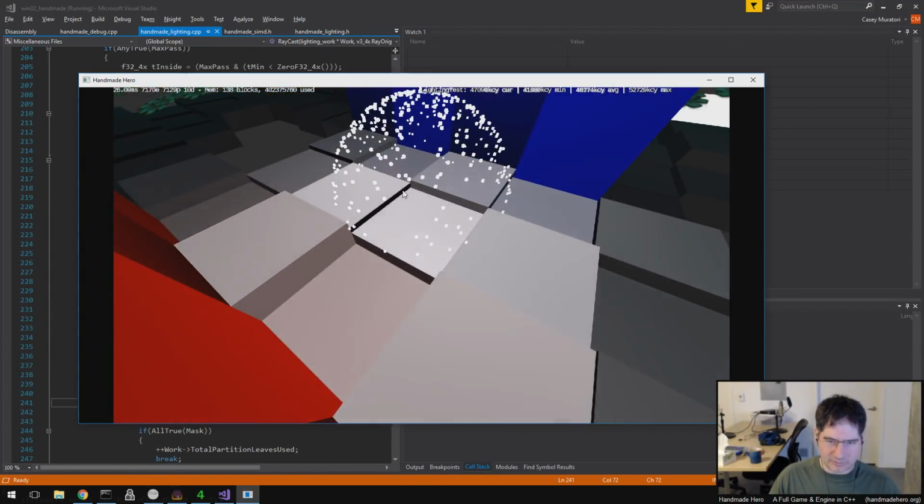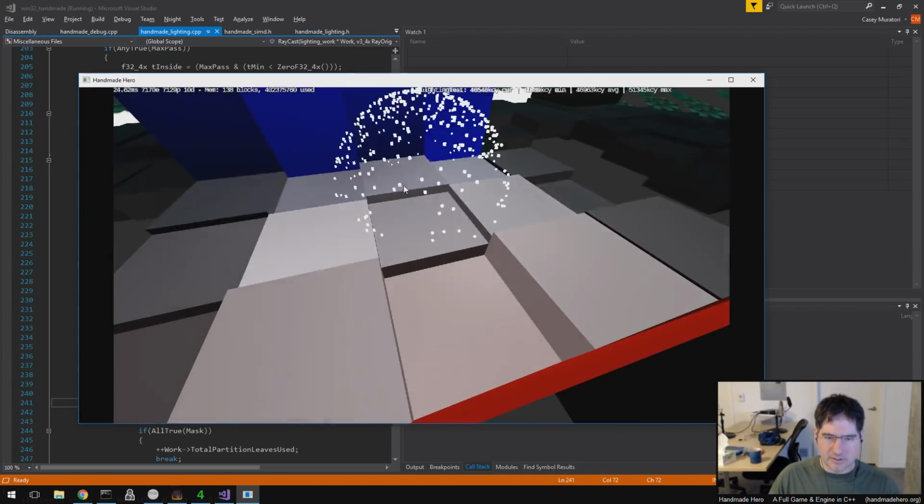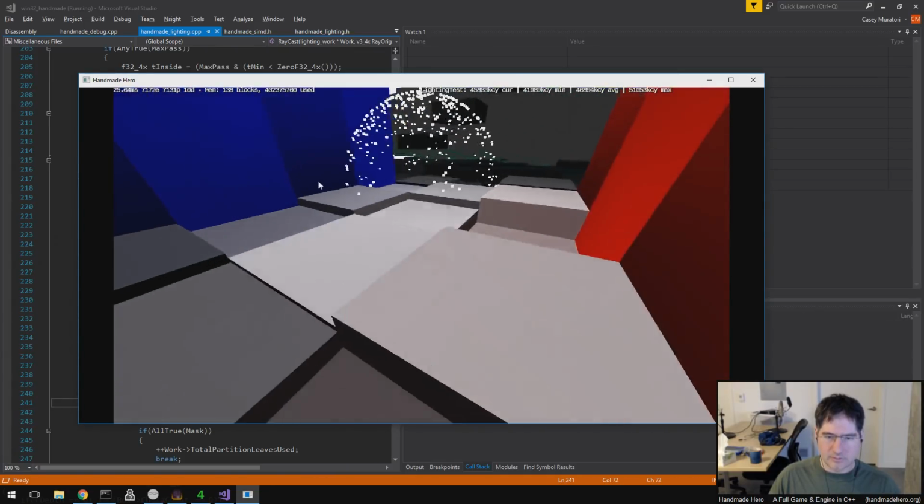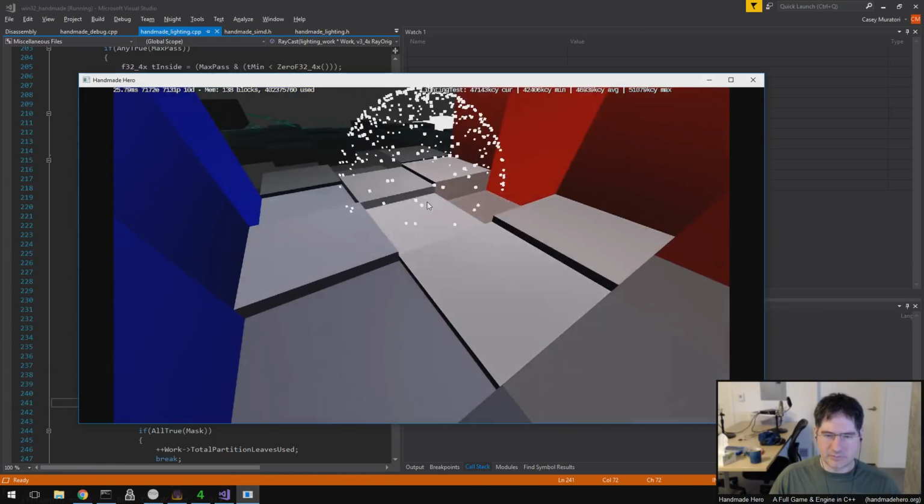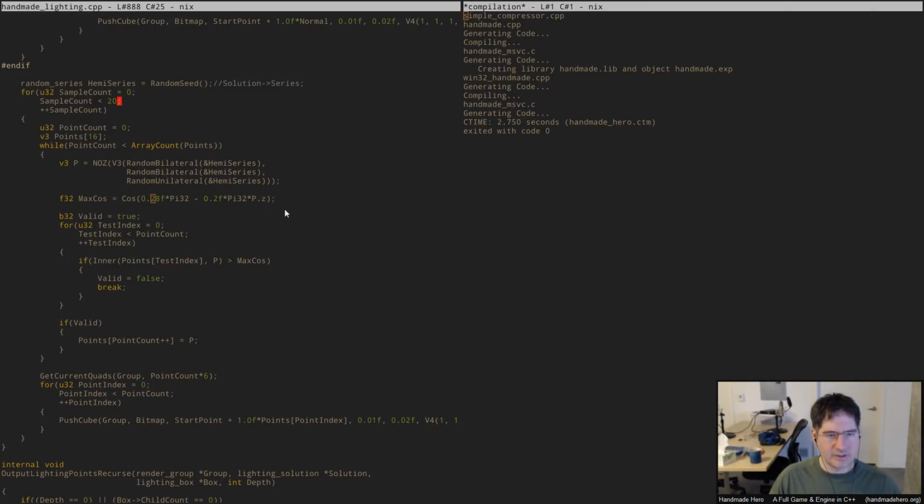I'm not really sure why we're getting that kind of somewhat clumping behavior there. I don't know if that's somehow related to the way we're doing the randomness, or if our random number generator, because it's an XOR shift, just isn't good enough.